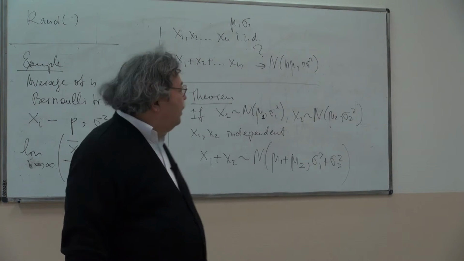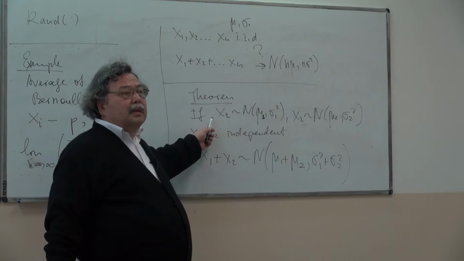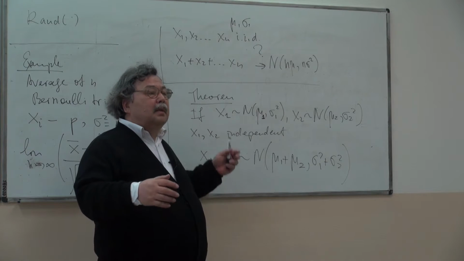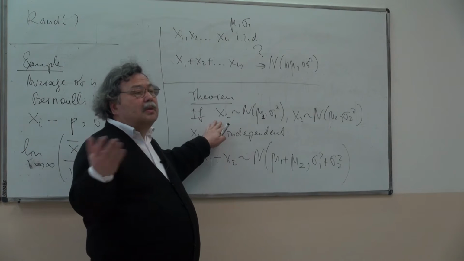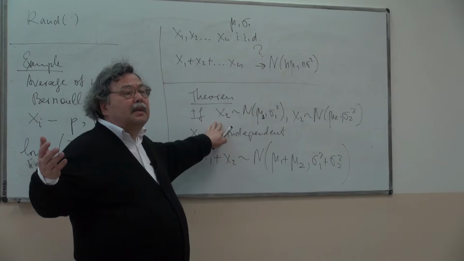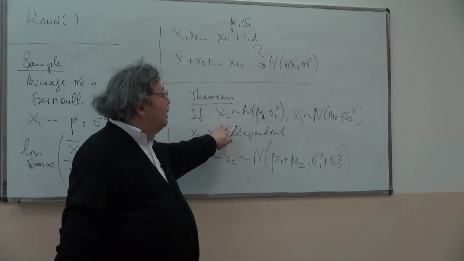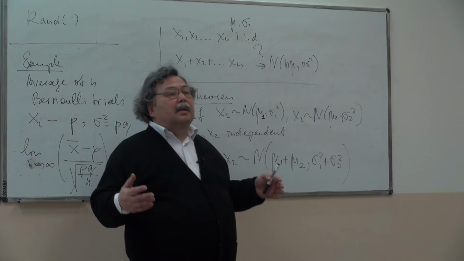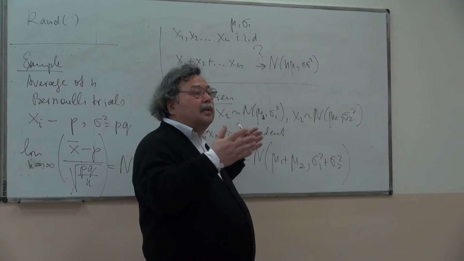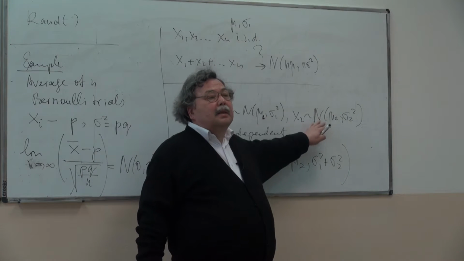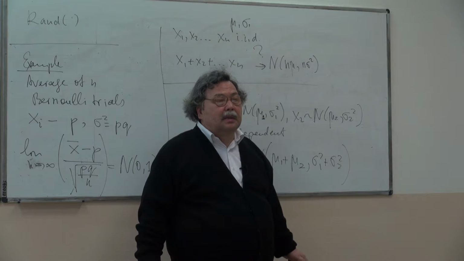And suppose this one is obtained as the sum of, say, 1,000 identically distributed independent random variables, and this one is produced as the sum of another large number, say 1,500 identically distributed random variables.